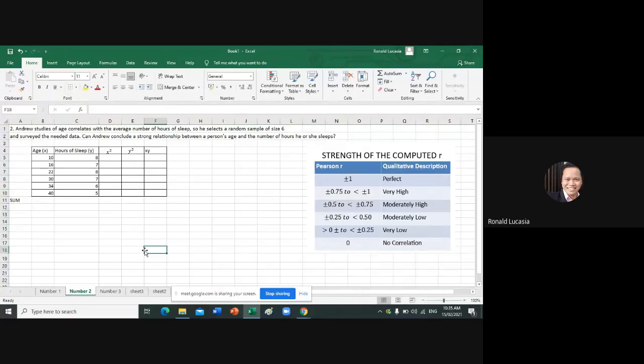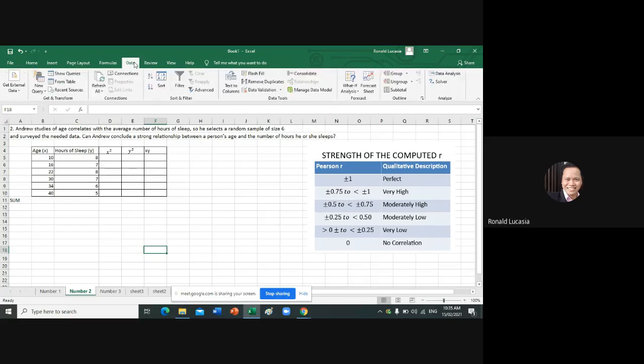I am not going to compute x squared, I am not going to compute y squared and then xy. Most of the research that I encounter in practical 1 and 2 for the humanities and social sciences, they're using Pearson r correlation. So I just go to the data and then click the data analysis.